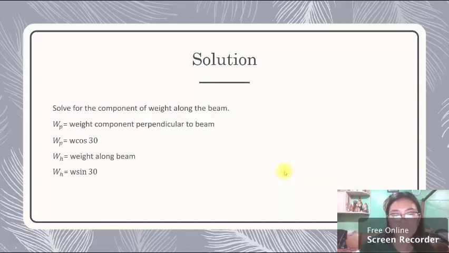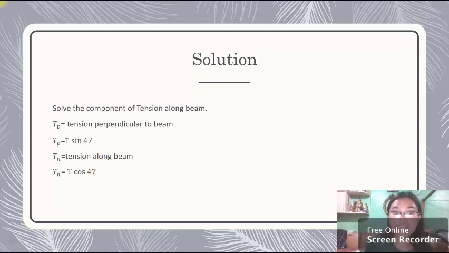So for this problem, we need to solve for the component of weight along the beam, wherein W sub P is the weight component perpendicular to the beam, which the equation would be weight cosine 30, while for the weight along the beam, the equation is weight sine 30.